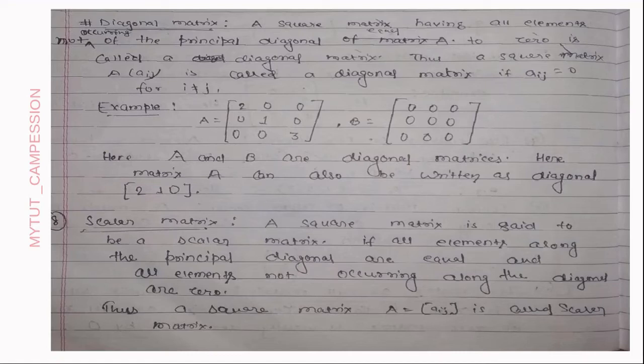Thus, a square matrix A equal to Aij is called a scalar matrix. That means for a scalar matrix, first we require a square matrix.